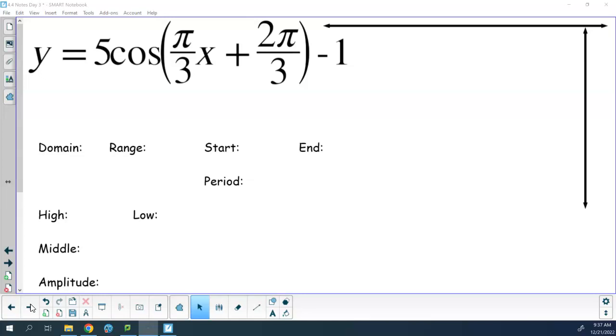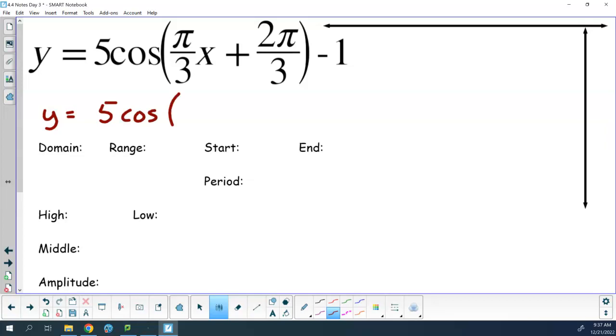So if I factor this, it would be y equals 5 cosine of what?